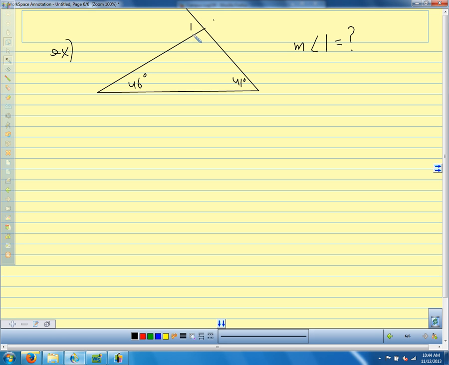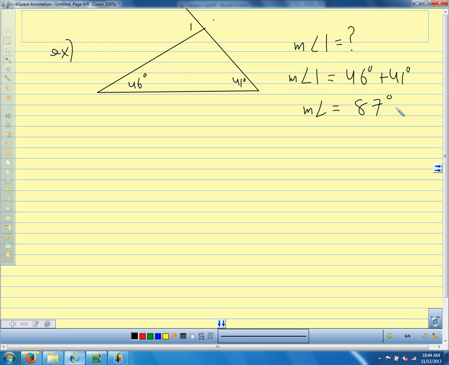But now that we know the exterior angle theorem, we know that the measure of angle 1 has to equal 46 degrees plus 41 degrees. So the measure of angle 1 equals 87 degrees.